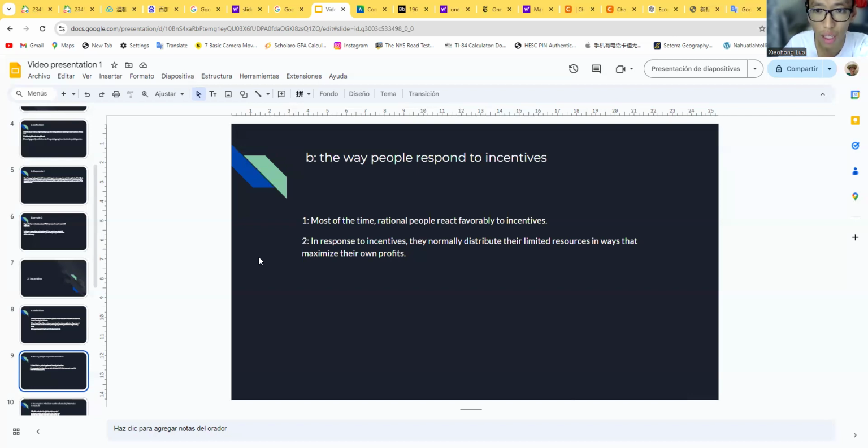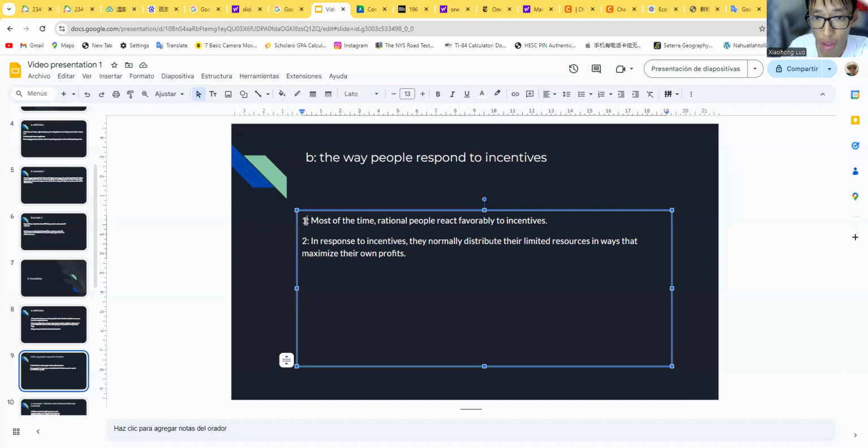Most of the time, incentives are reacted to favorably by rational people, instead of, for us, regular or normal students.